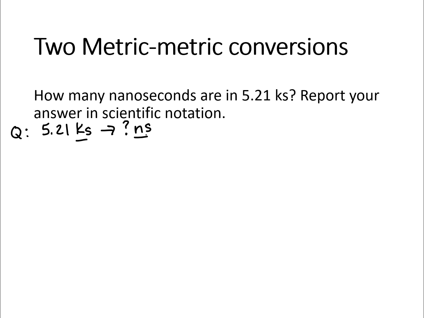We cannot write one unit equation for this. You can't jump from kiloseconds to nanoseconds. You can't do it. We have to use a go-between, and that go-between is going to be seconds.